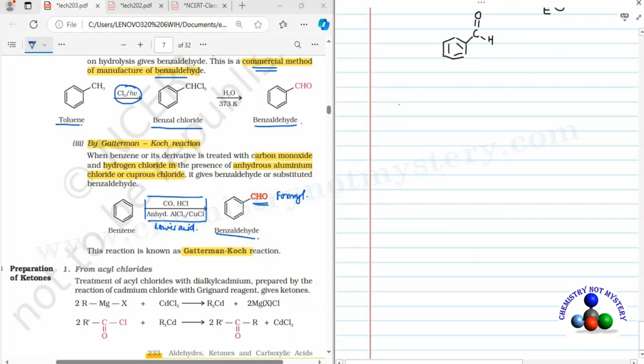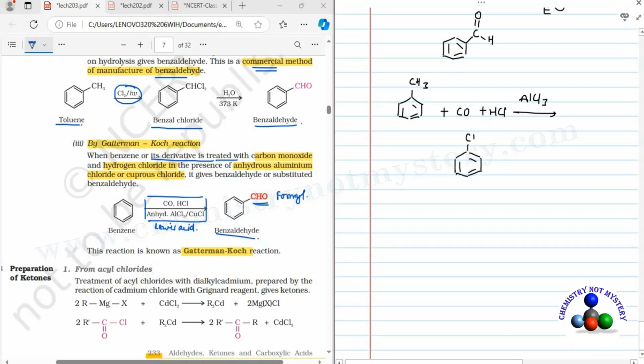In the same way, if toluene undergoes Gatterman-Koch formylation reaction, this is toluene CH3 as it is written here, when benzene or its derivative is treated with carbon monoxide, it gives substituted benzaldehyde. So when this toluene reacts with carbon monoxide in presence of HCl and AlCl3, now you have to attach CHO group to this toluene, and you know toluene is ortho-para directing.